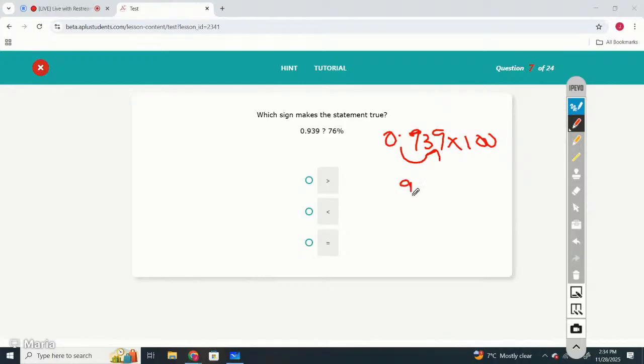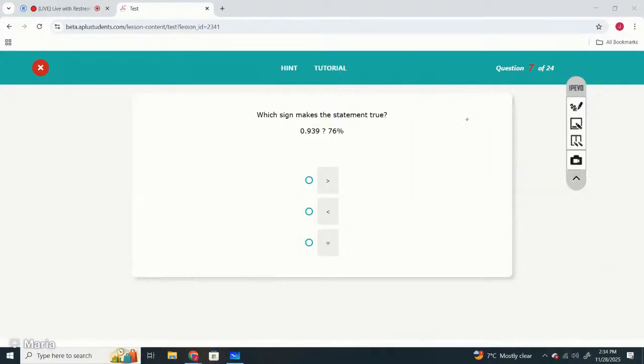Move the decimal 2 places, right? 93.9% is greater than 76%. That is greater. Option number 1 is the correct option.